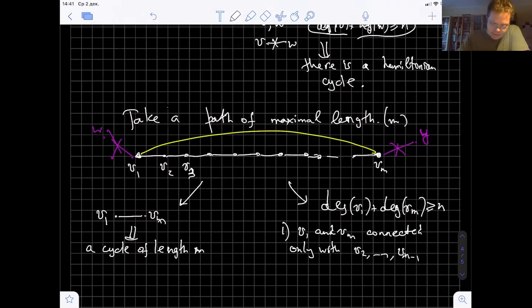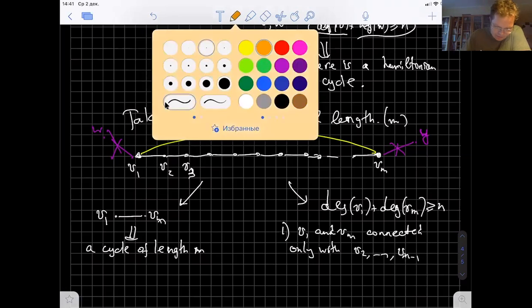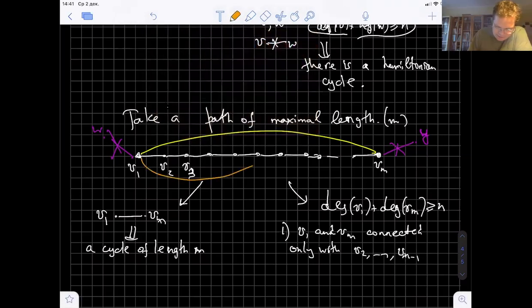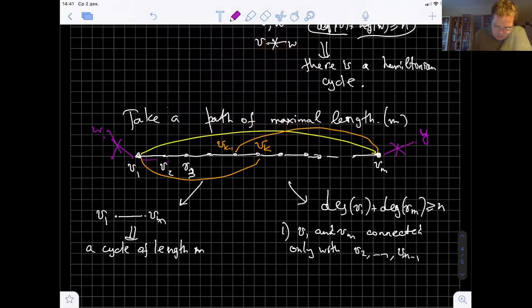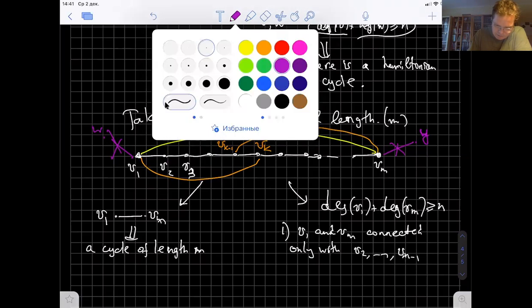Look, if v1 is connected with some vertex vk and vm is connected with the vertex vk minus 1, then I can build a cycle. I can go from v1 to vk minus 1. Maybe I need to choose a different color here, maybe red.